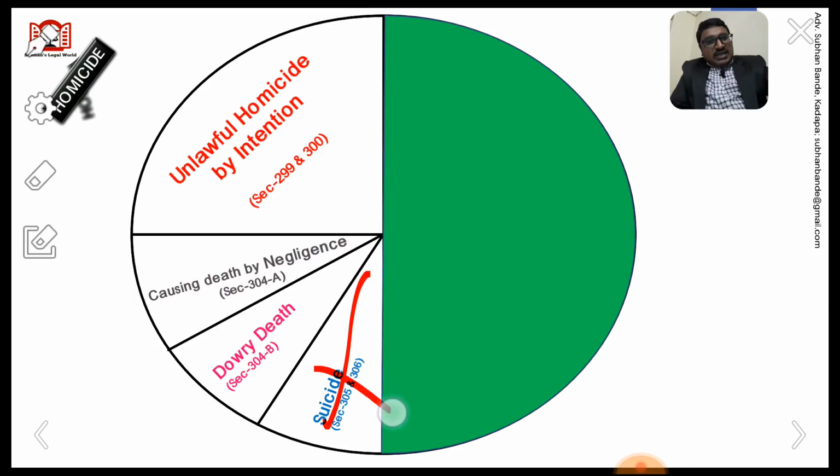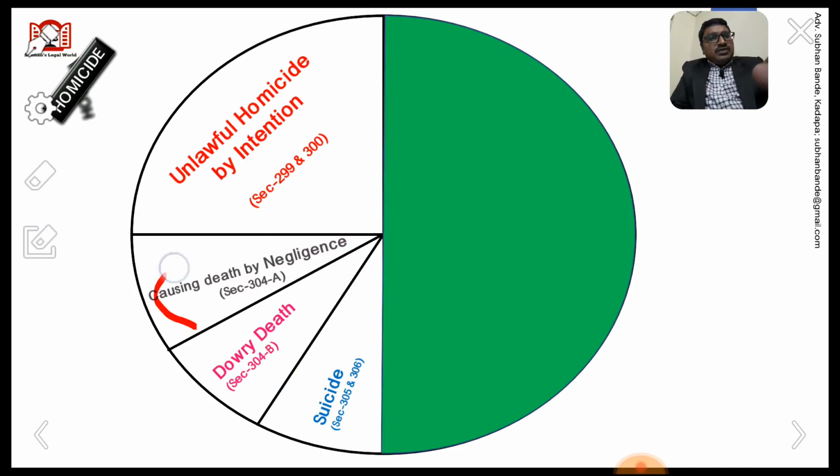The next one is dowry death. If a person causes the death of a female human being for the demand for the dowry, it is an unlawful homicide. It is punishable. The concept of dowry death is explained in Indian Penal Code under section 304B.